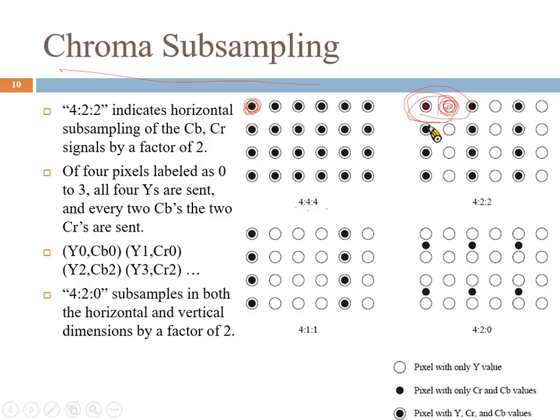Because human eyes are more sensitive to luminous and insensitive to chrominess, such chrominous distortion may not be noticeable.